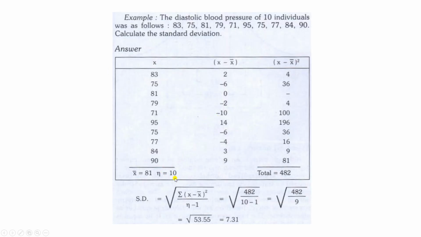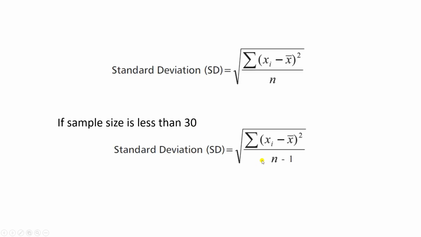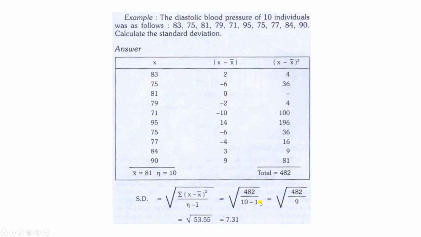The number of observations, n, is 10. 10 is less than 30, so that is why I shall put 10 minus 1, which is 9. If we take the square root, it will be 7.31. So we can say in the given data set, the mean value is 81 and the standard deviation is 7.31.